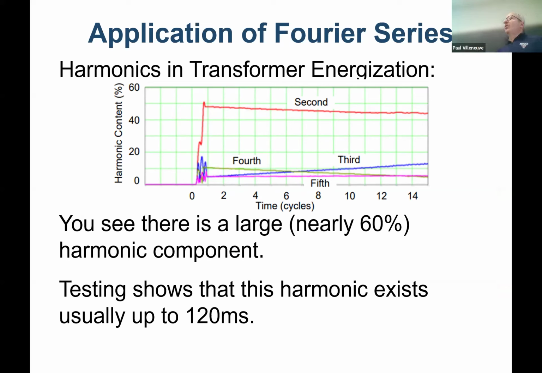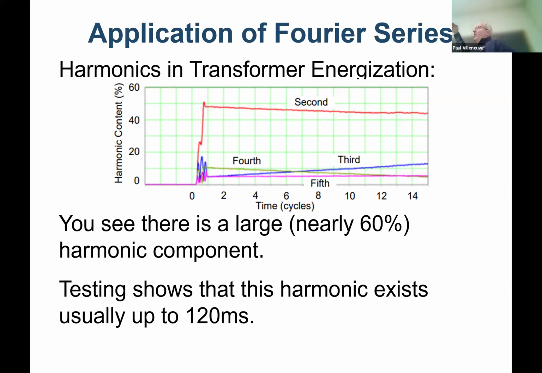The 2nd is so high, it indicates that you don't actually have a fault inside the transformer. You're just energizing the transformer. And that exists for about 120 milliseconds. And so the fix for this transformer was to block it from operating the trip signal when it was being energized.